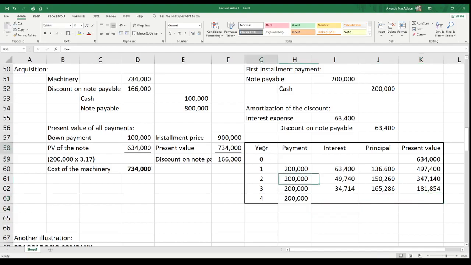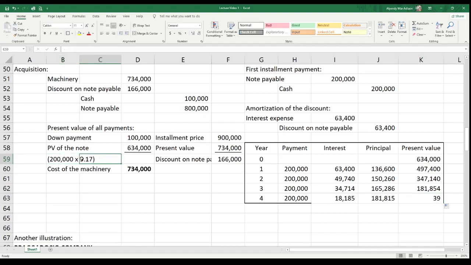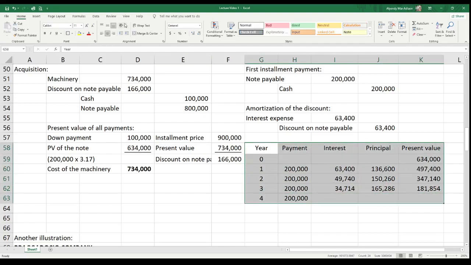Okay? Class, since this is now the last year, if you just copy the formula, it will give us a balance of 39. But this is actually due to our rounding off, since the 3.17 factor was rounded off. That's why there is a small balance. To remove the small balance, what we are going to do is work it back.